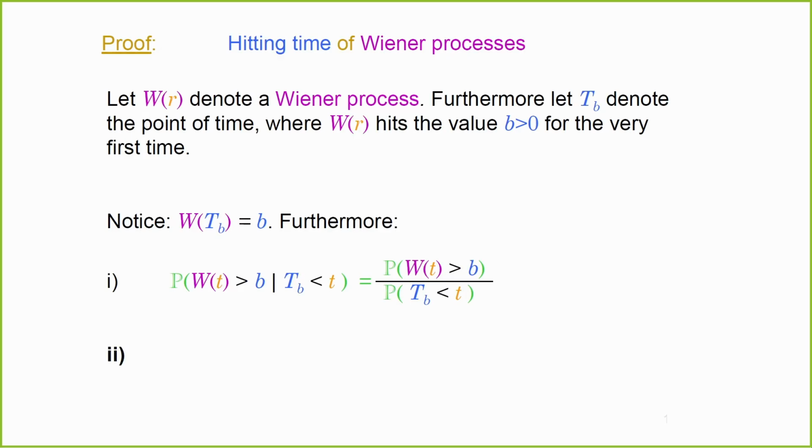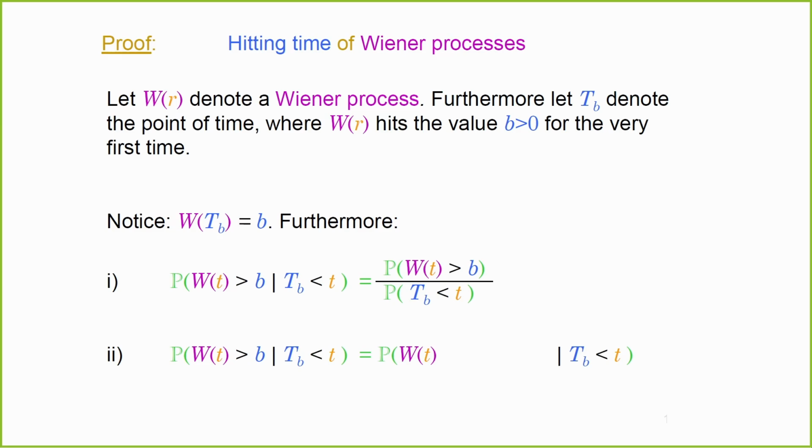The second statement that I'm going to make about this conditional probability is this: first off, I'm going to write down the condition, here it is, and then I have the process at time point t. Now, here comes this equation.